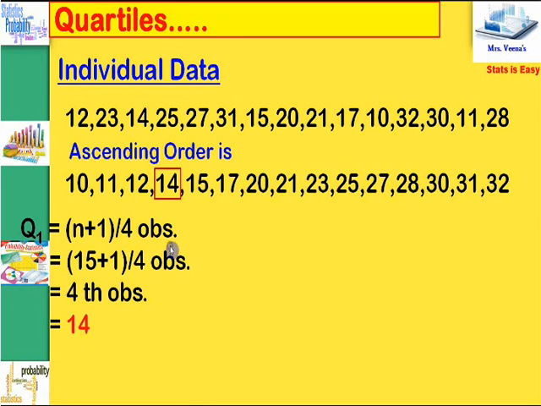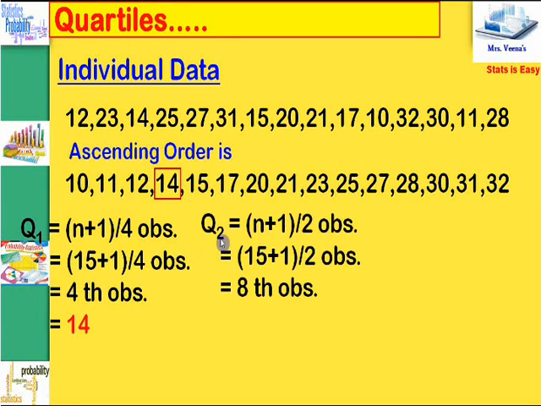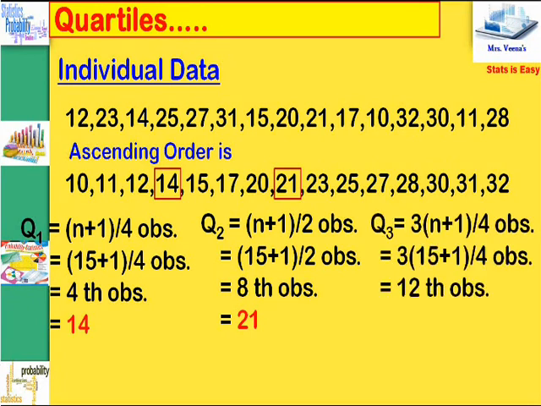Now Q2. Q2 is equal to (n plus 1) divided by 2 th observation, which is 15 plus 1, 16, divided by 2 is 8. The 8th observation in ascending order is Q2, which is 21. Now Q3.